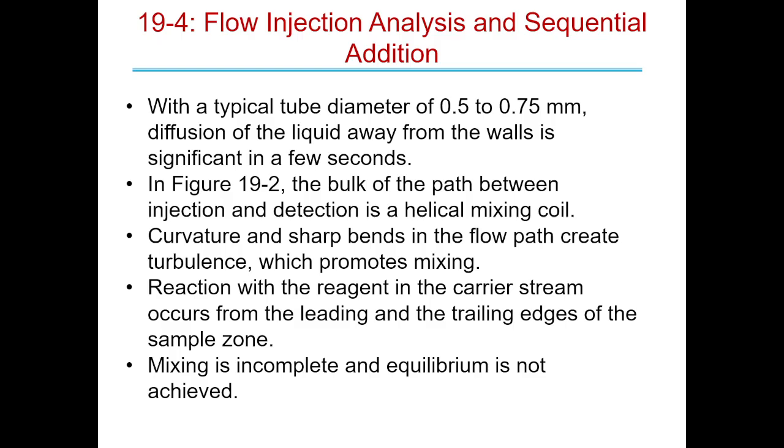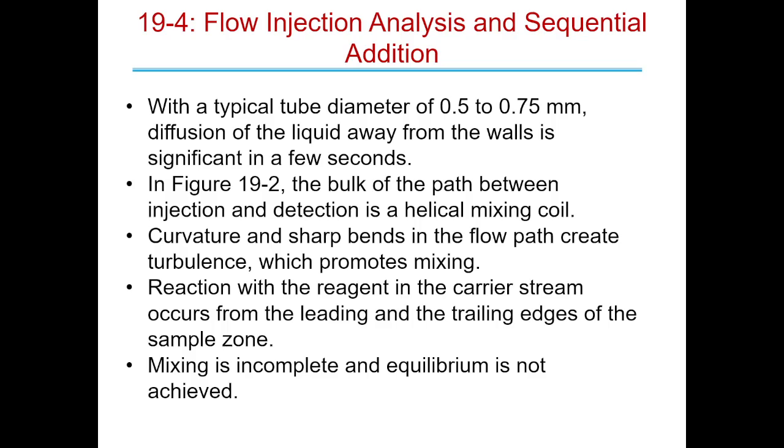All right. So the curvature and sharp bends in the flow path create turbulence. This turbulence is going to promote that mixing. Basically, it's going to cause things to bounce and swipe the sidewalls, right? So it causes them to get hit back into the pathway, and it promotes that mixing.